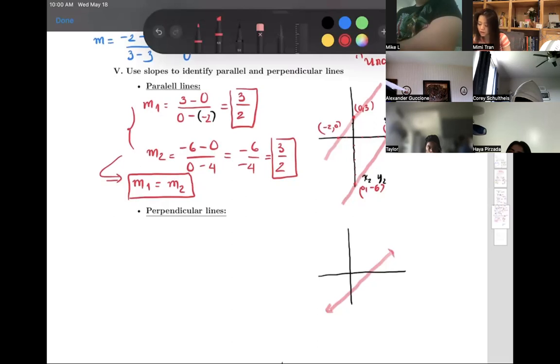I don't have time to give you the example, so I'm just gonna draw a graph here for you. They're perpendicular. Perpendicular means when they cut each other at 90 degrees. Okay.